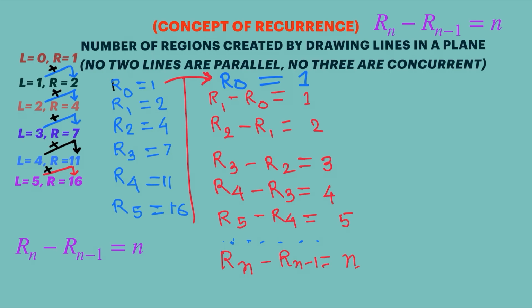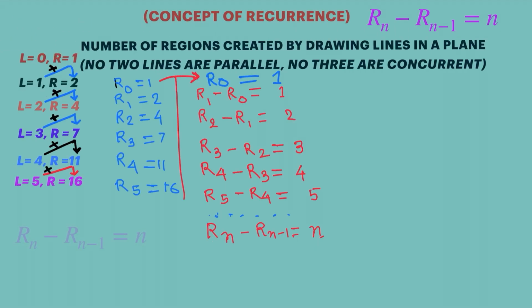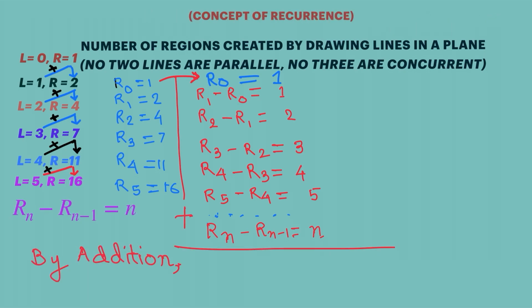And now we add all these equations of R1, R0, R2, R1, R3, R2, and so on, Rn minus Rn minus 1 equal to n. Just we add this, and you see, very interesting, if we add this, then all diagonal positions are the same, but their signs are different.